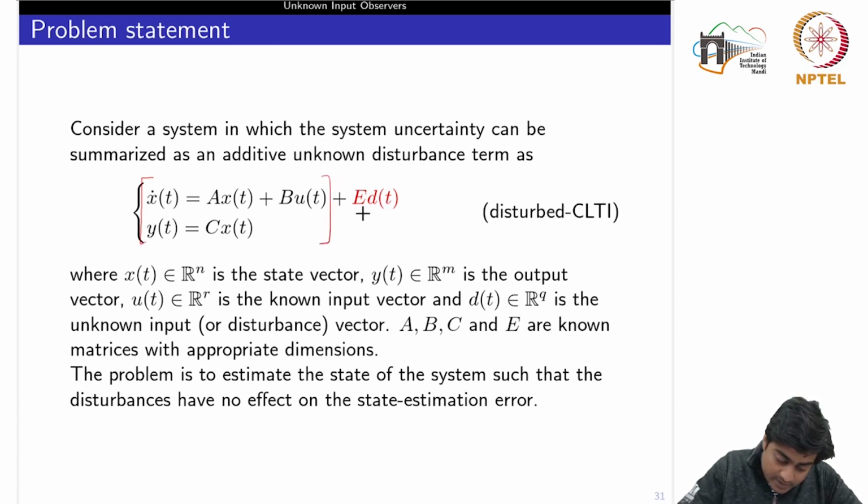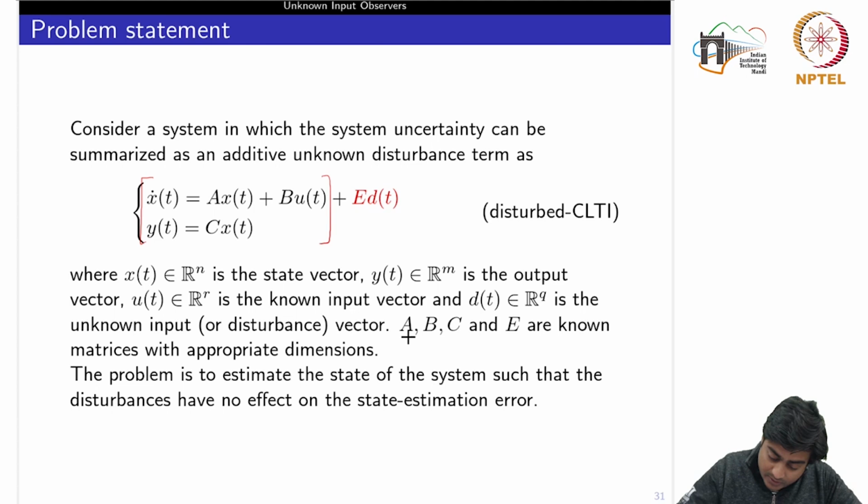So now we would be considering a system which we are calling the disturbed continuous time LTI system, with A, B, C as the matrices and E as the distribution matrix of the disturbance. Where x, y, u are the state, output and input vectors, and d is the unknown input, or what we call the disturbance, of which we do not have the information.